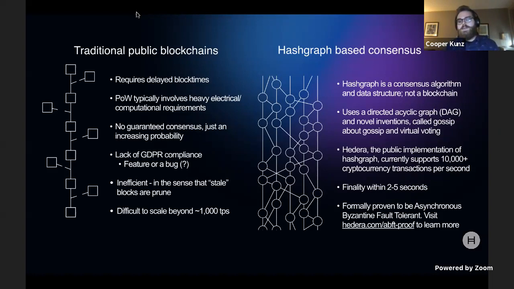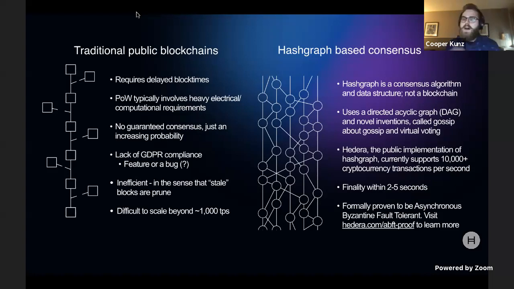And it does this with novel inventions that Dr. Leemon Baird, the guy who invented Hashgraph, our CTO, came up with, called virtual voting and gossip about gossip. These are two things inherently unique to the Hedera and Hashgraph platform. Gossip about gossip is the way that nodes share information throughout the network, and virtual voting is how they determine and come to a finality consensus on that information after it's been spread.